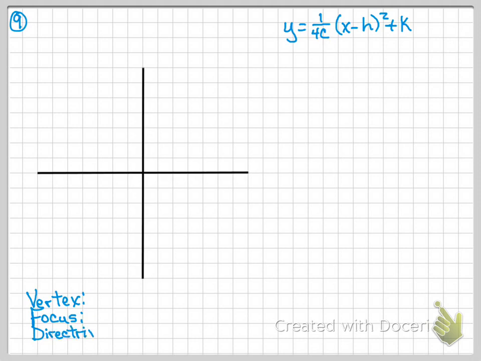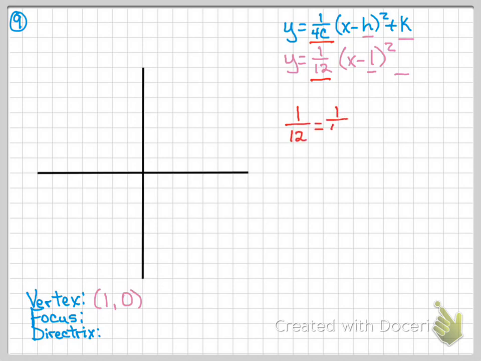My equation is y equals 1/12 times (x minus 1) squared. My h is 1, and I don't have a k, so that's 0. So 1, 0 is my vertex. 1 over 4C is equal to 1 over 12. Cross multiply, and we get 12 is equal to 4C. Divide by 4, and C is equal to 3.